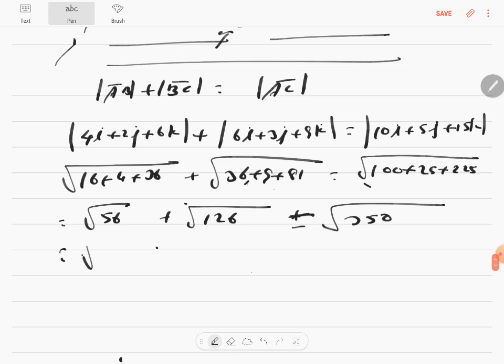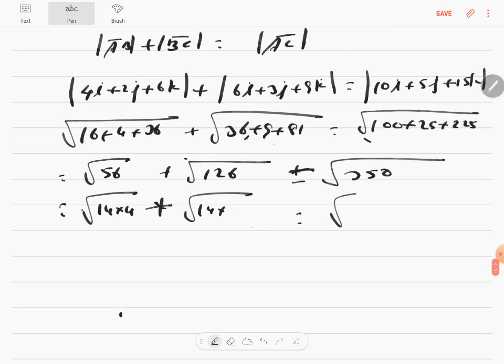So you can write it as root of 14 into 4 plus root of 14 into 9, equal to root of 14 into 25. Therefore this will be 2 root 14, this will be 3 root 14, and this will be 5 root 14.